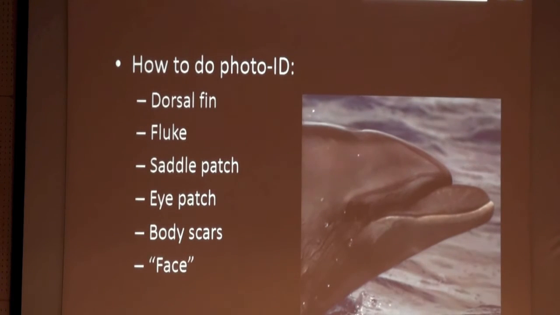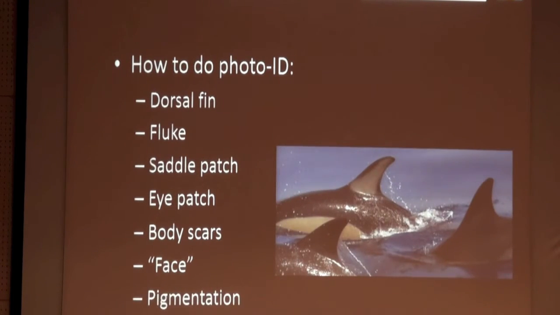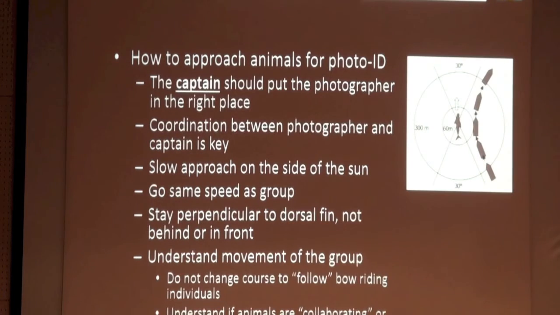Recently it's been shown that you can even use the face of the dolphin, as they have coloration on their head that is actually symmetric, and you can use that to recognize them. Or the pigmentation, especially for blue whales on the body, or here I've put an example of common dolphins that can have different white patterns in the dorsal fin that you can also use for photo ID.